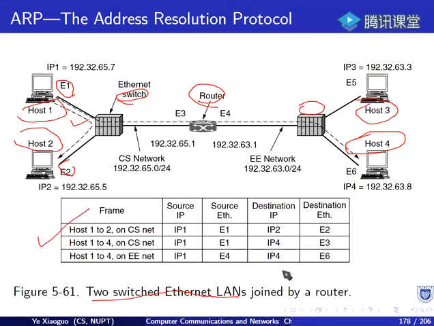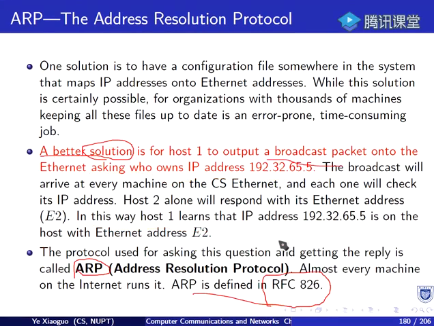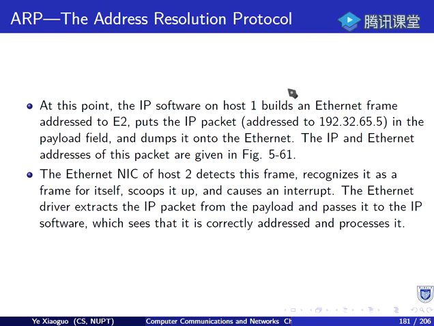The Ethernet NIC of host 2 detects this frame, recognizes it as a frame for itself, swoops it up, and causes an interrupt.